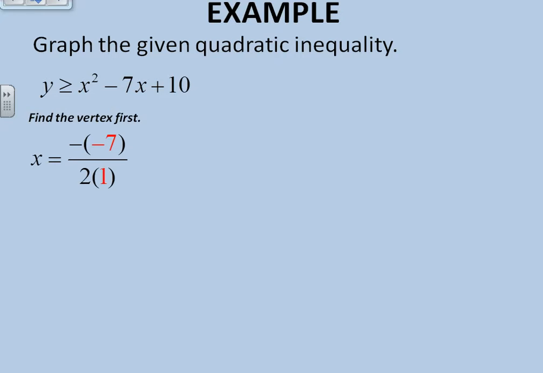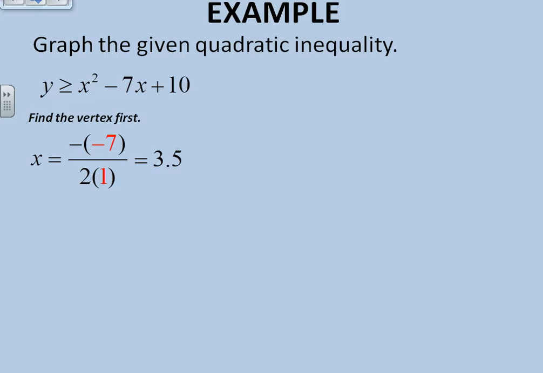Since b is negative 7 and a is 1, we have negative negative 7 over 2 times 1. That comes out to 7 halves, and we'll use 3.5 here for those of you that are fractionally impaired. We'll use the decimal 3.5 to represent our x coordinate at the vertex.